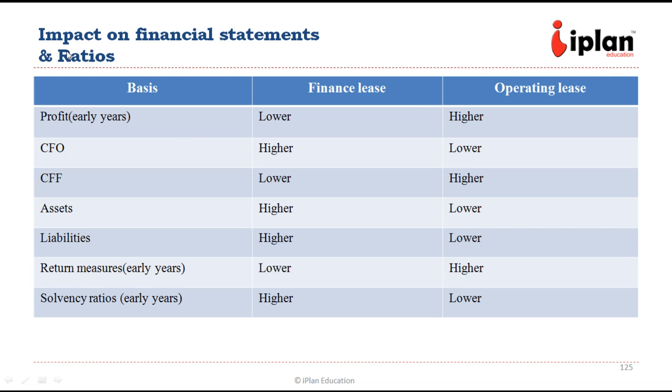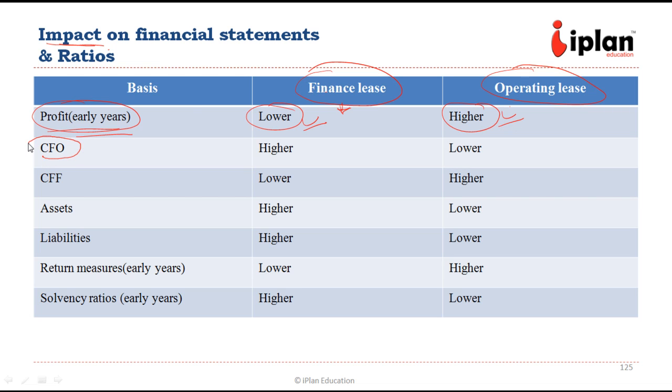So let us look at the profit in early years. When we have a finance lease, we know that it is going to enter our balance sheet in assets and liabilities. Then it is going to be depreciated, which will not be the case in operating lease. In operating lease, the asset is not going to be depreciated. So that is why the profit in early years is going to be lower in finance lease and higher in the operating lease. Let us look at cash flow from operating activities.